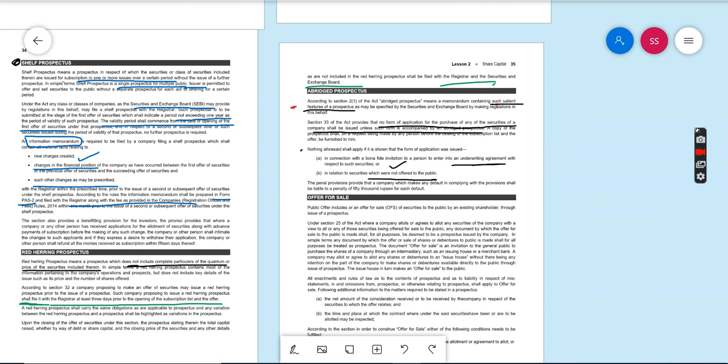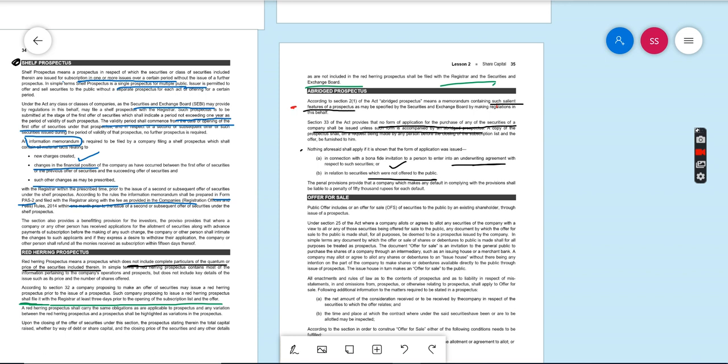Also, while you are issuing the shelf prospectus, you need to issue an information memorandum along with that. It contains new charges created, or any change in financial position or such other conditions prescribed by SEBI, and it should be filed in the form of PAS-2. It should be filed with the registrar along with the fees provided by the registrar.